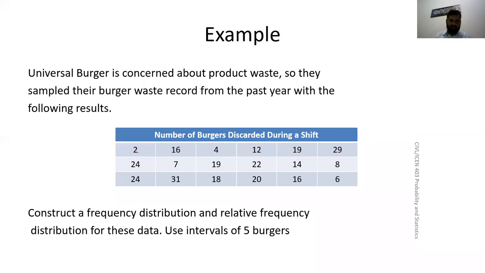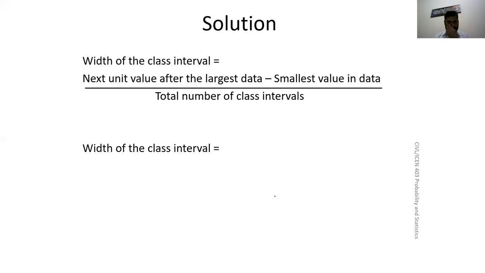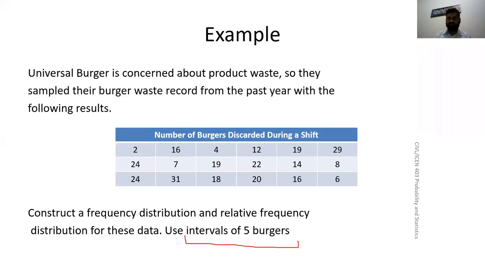Okay, so in this example, you see I am given 1, 2, 3, 4, 5, 6, 18 observations, right? Yeah, 18 observations. So it says construct a frequency distribution and relative frequency distribution. Use intervals of 5 burgers. Okay, use 5 classes basically.